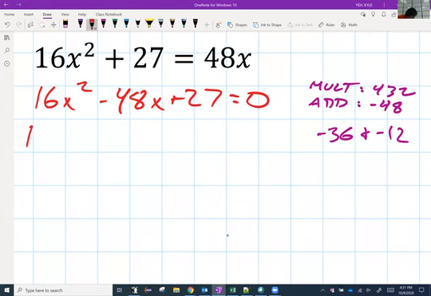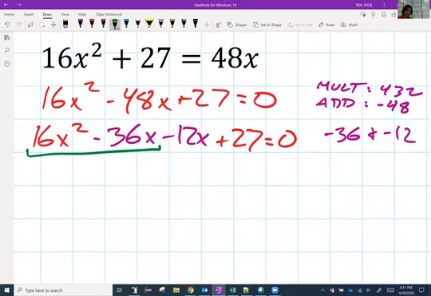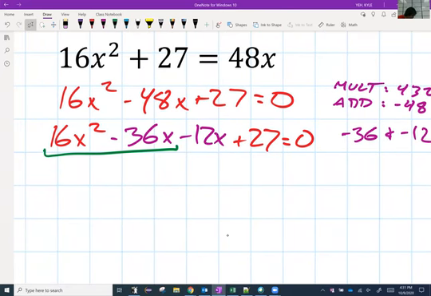I'm going to rewrite my original equation, except I am going to break up that middle term with my negative 36x's and my negative 12x's. All right, let's group 16x squared and negative 36x. I think the largest factor I can pull out of there is 4x, because they both have an x, leaving me with 4x minus 9.